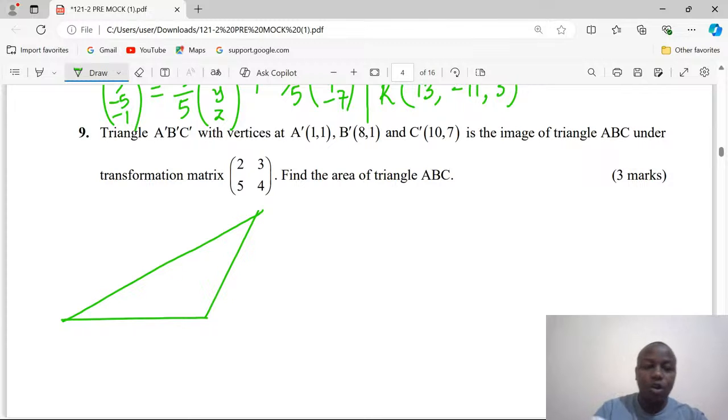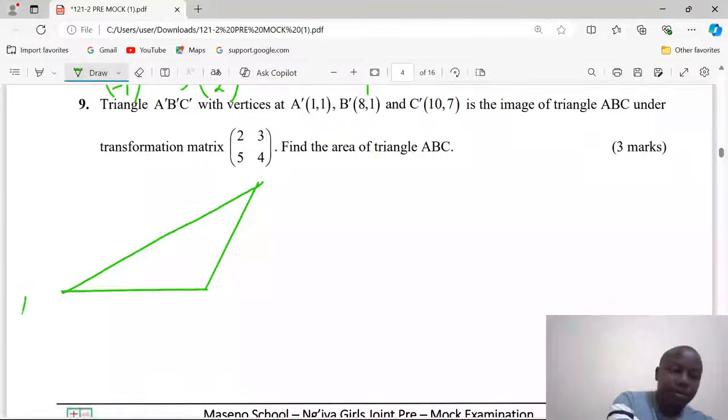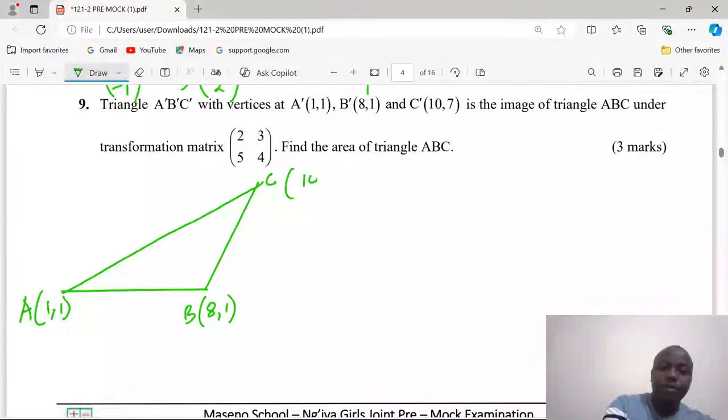So I'm having coordinates at point A, 1, 1, then point B, 8, 1, then point C, 10, 7. Therefore, if I take AB to be the length, following the x coordinates, I'll be having 7 units at this point.